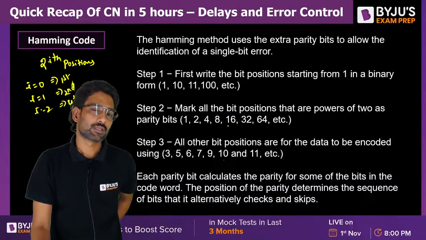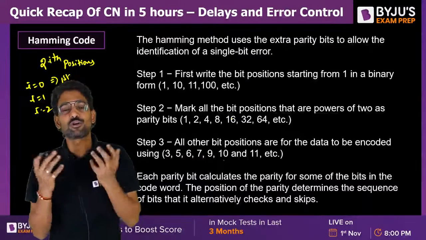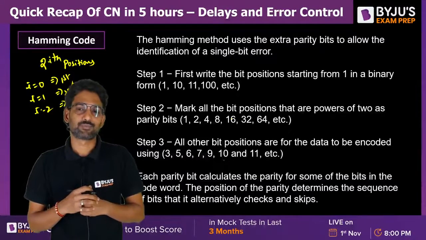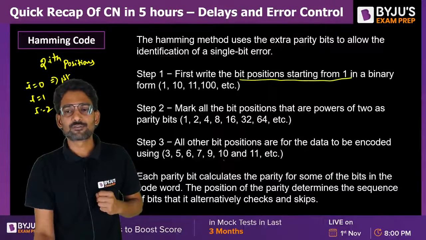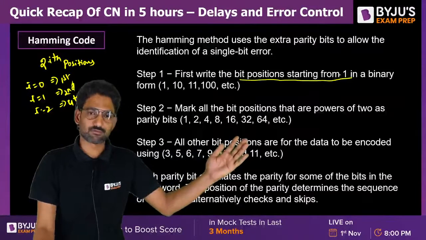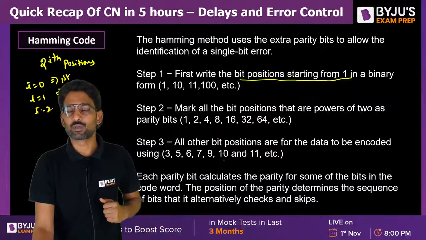Now the sender doesn't know whether those redundant bits should be zeros or ones. So how does he calculate those bits? So first write the bit positions from 1 to however many positions we have in the data word. Okay.